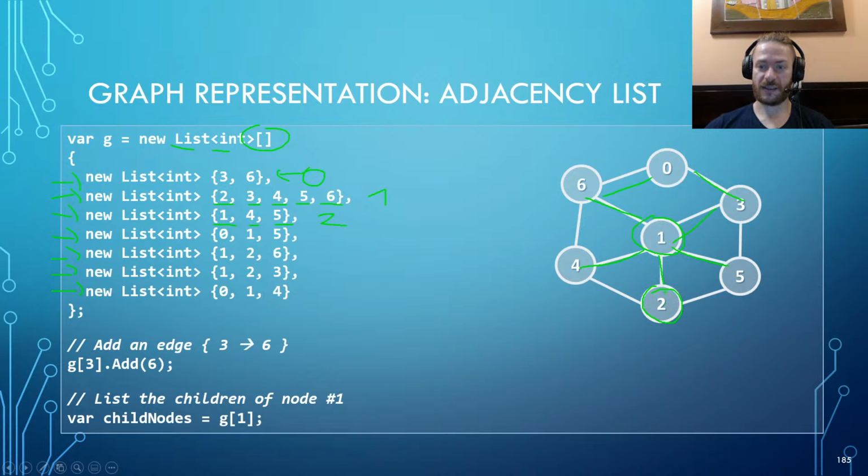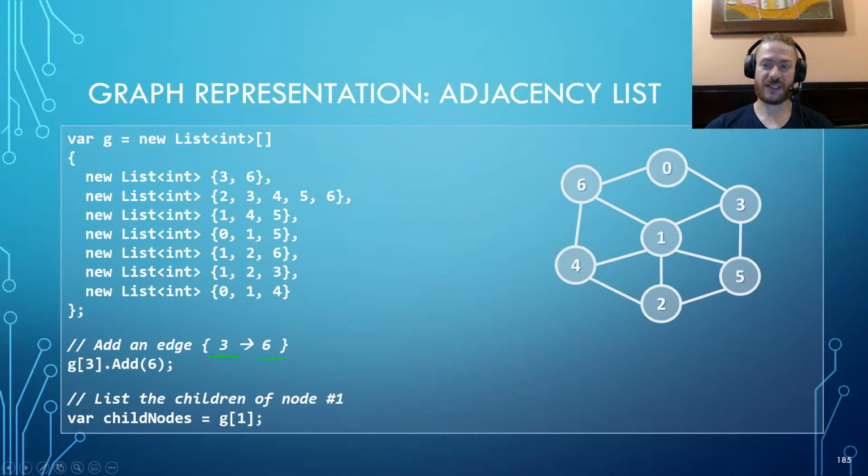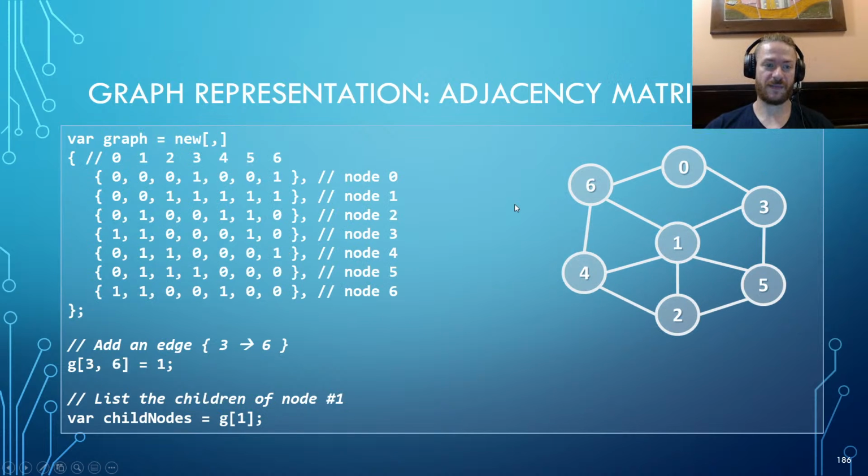Here it is. If you want to add an edge from 3 to 6, for example, we just say graph of 3 add 6. We can get all the children of node 1, which means all connections. We just get graph of 1. It's easy to represent a graph like this.